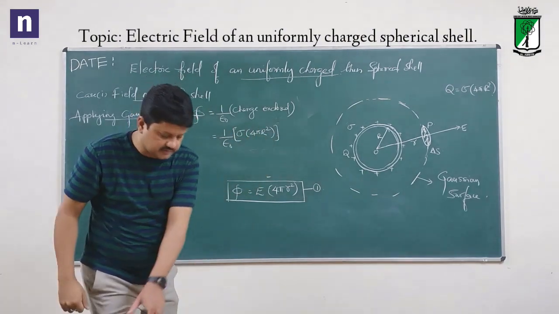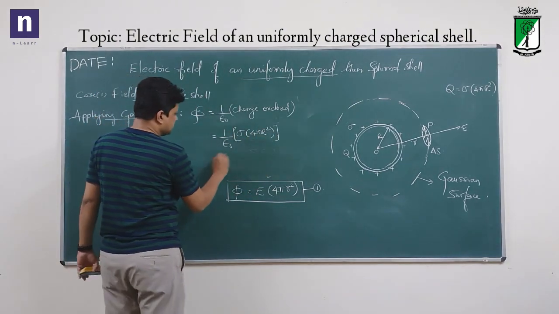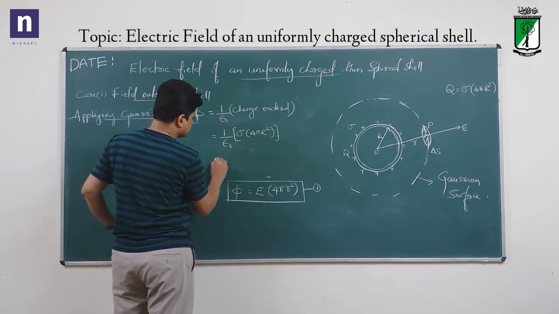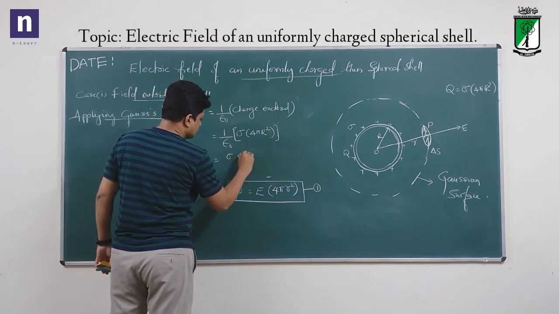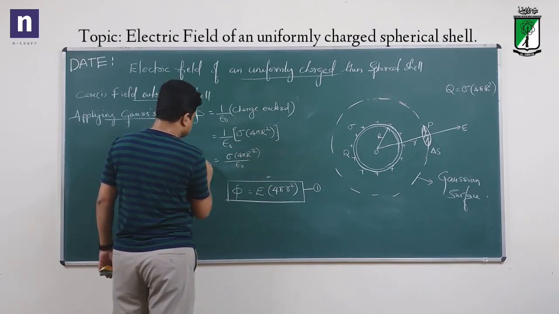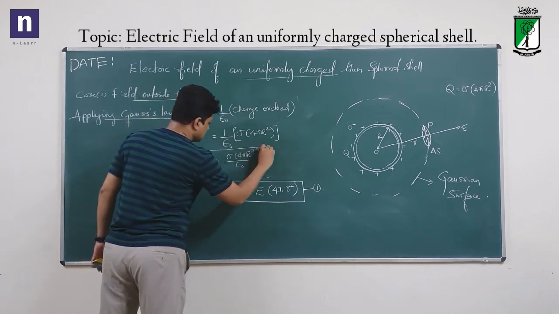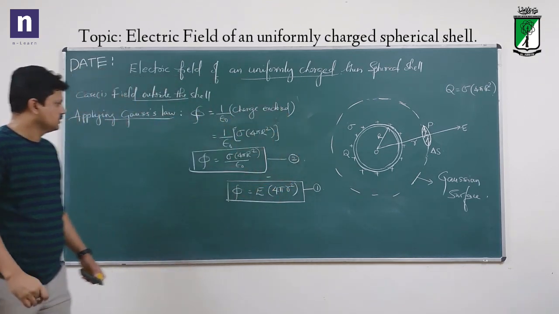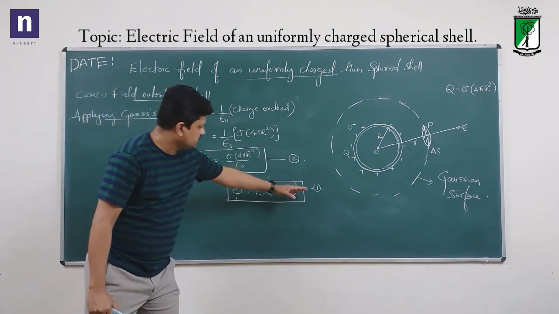So this is nothing but sigma 4 pi r square by epsilon naught. This is equation 2. Now let us compare equations 1 and 2.